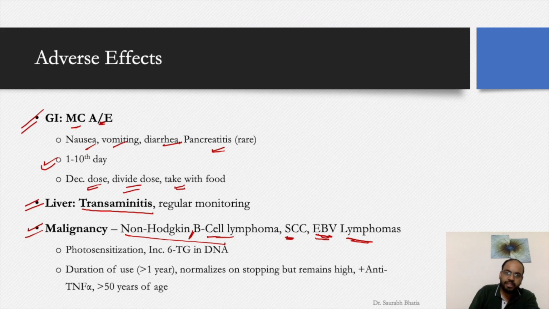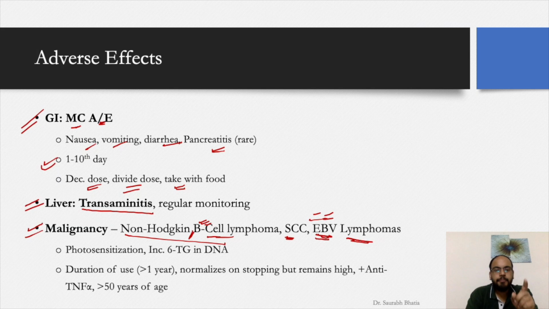And why is it not checked by immunity? Because we are suppressing the immunity using azathioprine. So whenever an immunosuppressant is used, be it azathioprine or methotrexate, you will see that EBV and B-cell lymphomas are at an increased risk, and these lymphomas regress when you stop immunosuppressive therapy.